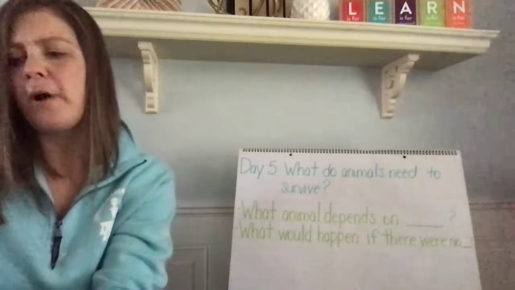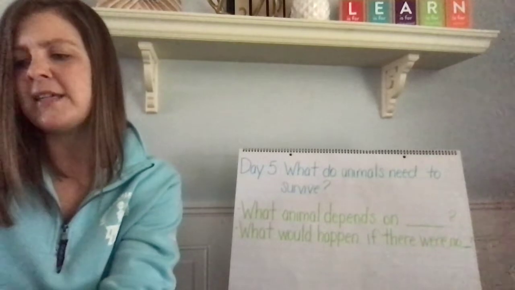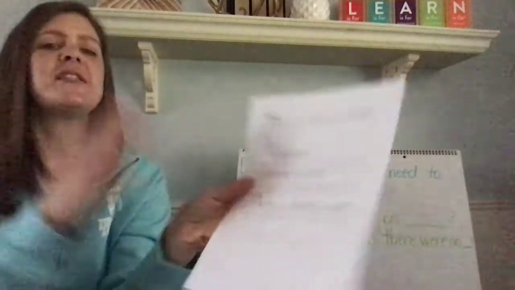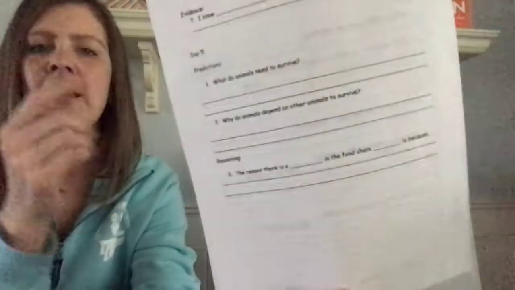So we are on part 5, and there were 2 prediction questions for you to answer before you do number 3. What do animals need to survive, and why do animals depend on other animals to survive? So you should have already answered those, and now you can think about number 3, our reasoning.